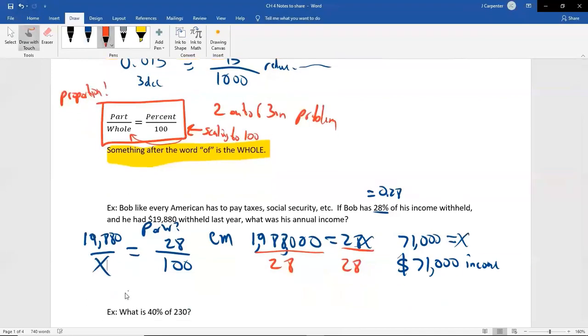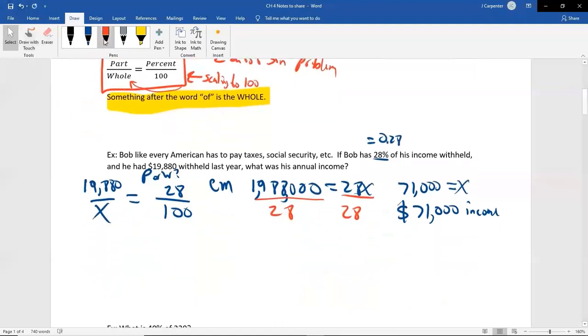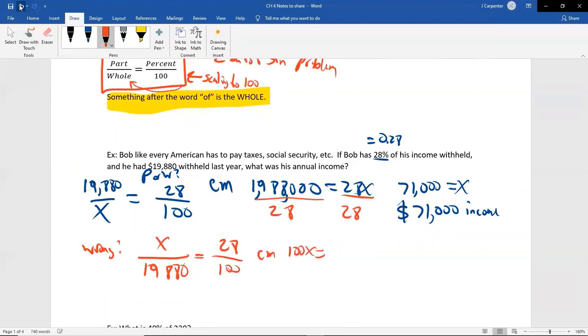So if I had done this wrong, if I had said the 19,880 was the whole for some reason, I'm just not thinking, I'm not paying attention, I'm doing things quick, I'm talking to other people at the same time, whatever, and I got everything else right, and you put your X there, when you cross multiply, you're going to get 100x is equal to the 28 times the 19,880.